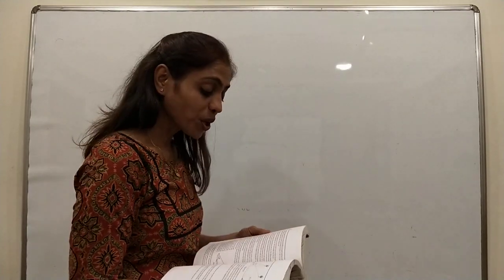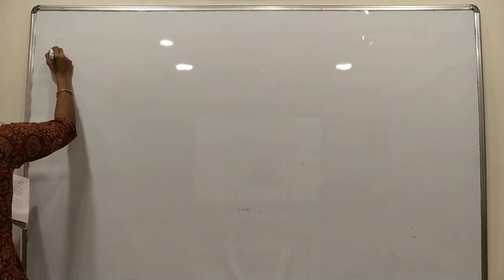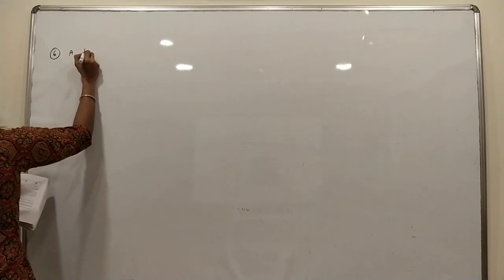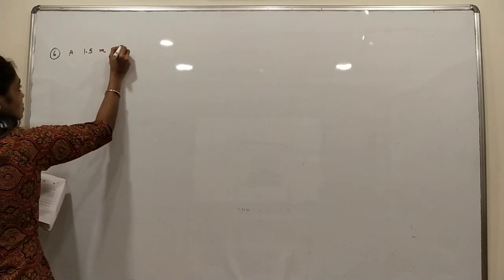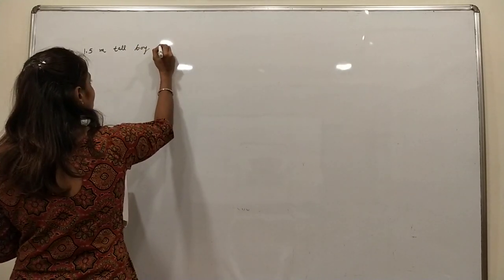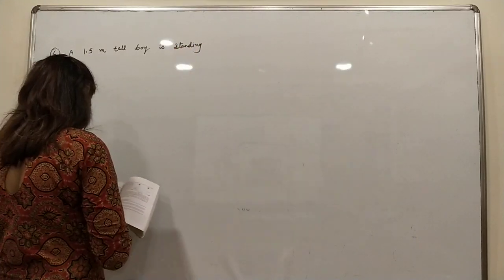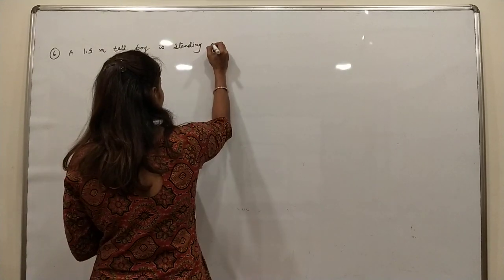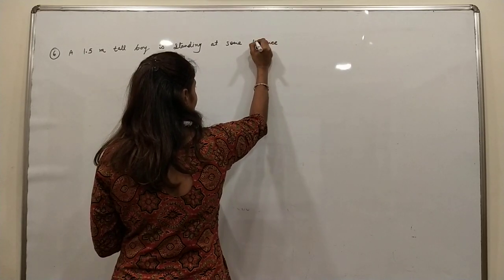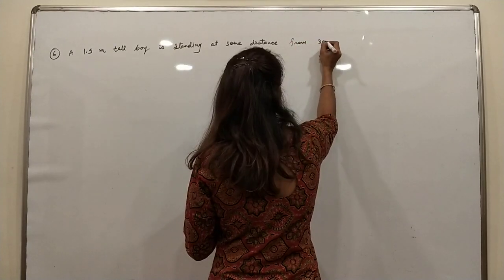Question number 6 in the exercise. A 1.5 meter tall boy is standing at some distance from a 30 meter tall building.